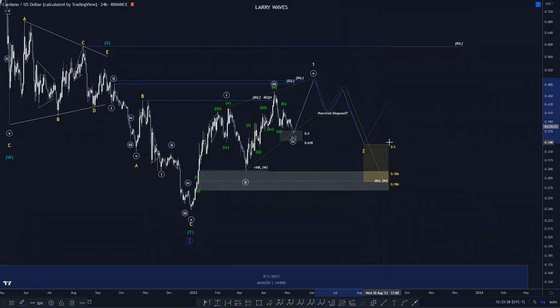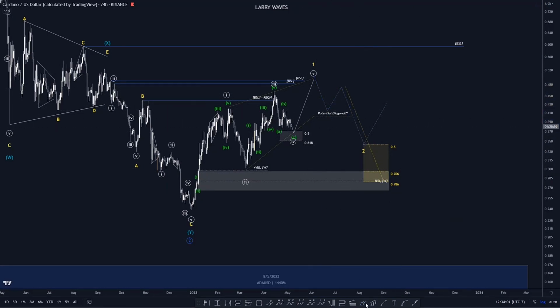We either go right to the 0.5 or we really push down for the 786 and 706. Just depends on the strength here. Depends on how strong this A wave is. If it's a relatively weak A wave like this, it only hits the 0.5.